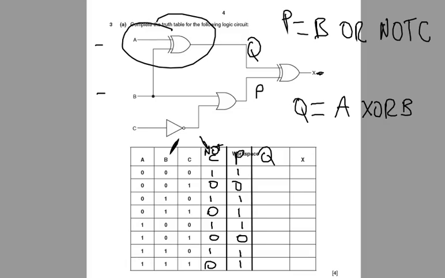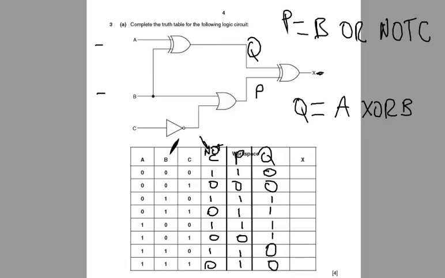Remember that with an XOR gate, you want both inputs to be different to have a 1. If they're both the same, then it will be a 0. So they are both the same there, so that's a 0, a 0. They're different on that one, and that one, and that one, and that one, but they're the same there and the same there. So that's that one done.